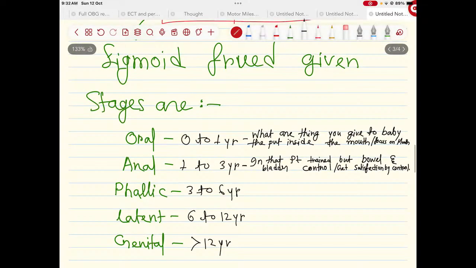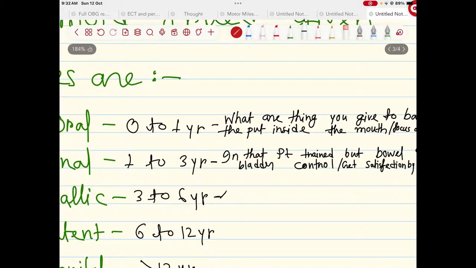Okay. And the phallic stage is the most important stage. In school, they get the ability to think. In the 3 to 6 years, here two things are seen. What are the two things?